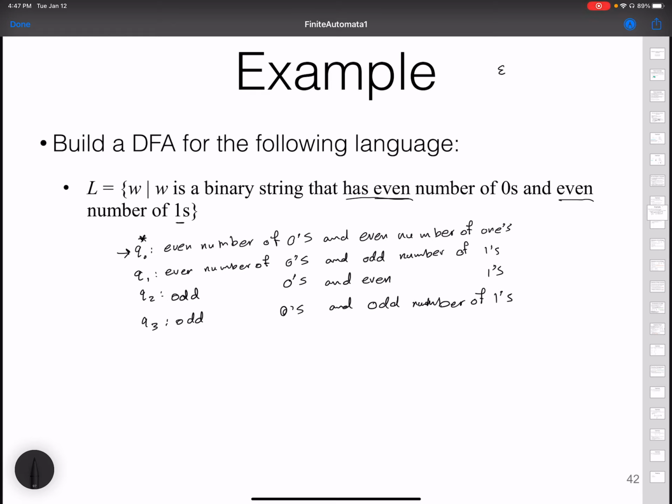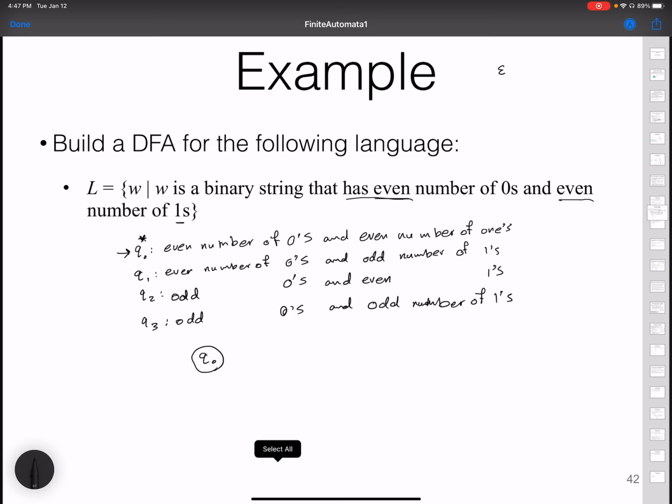So now we can just draw the state diagram. Q0 tells you that it is even number of zeros and even number of ones.